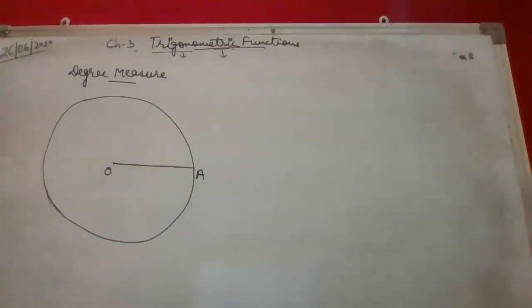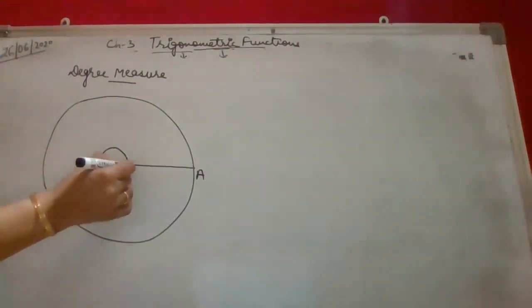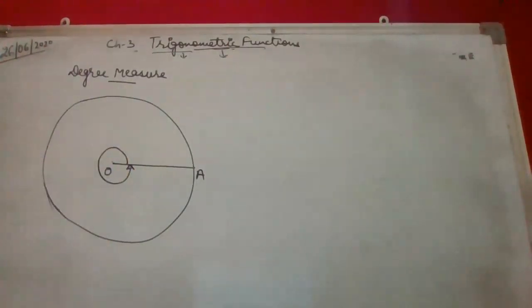What is degree measure? If a rotation from initial side to terminal side is 1 by 360th of a revolution, the angle is said to have a measure of 1 degree. Now we know that one complete revolution covers an angle of 360 degree, right?